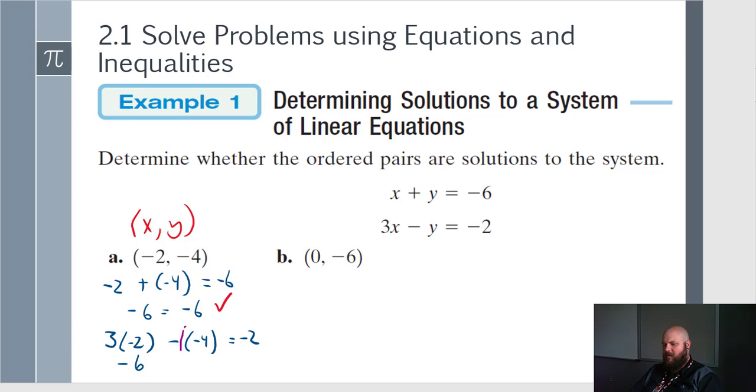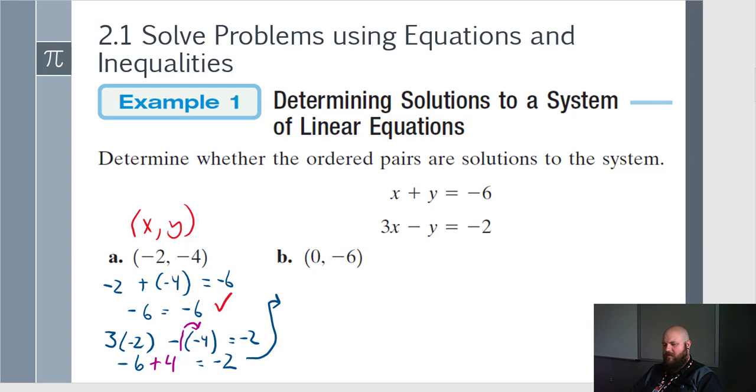So if you distribute that in, in other words, multiply this, a negative times a negative will give you a positive, right? Well, 1 times 4 is just a 4. But since we have a negative times a negative, it makes a positive. Okay? And then that still equals a negative 2. Well, if we simplify this a little bit further, I'm just going to move this right over here.